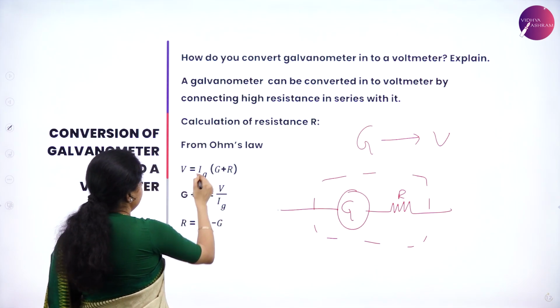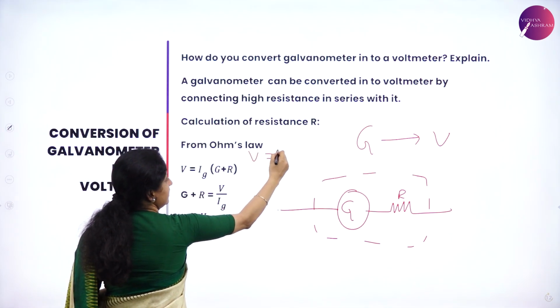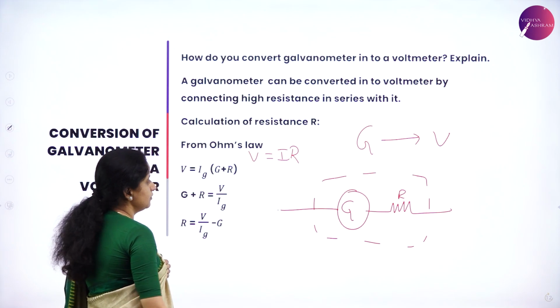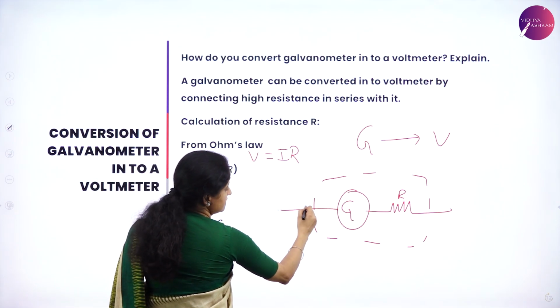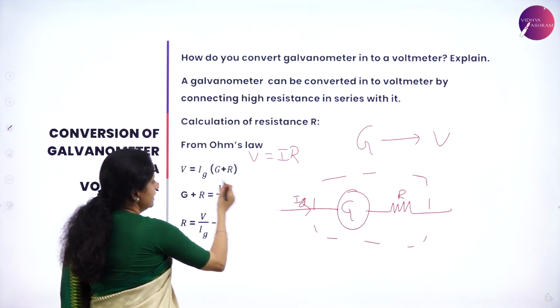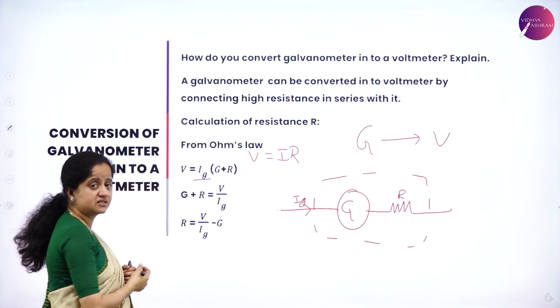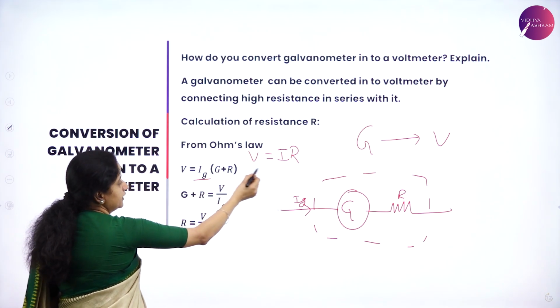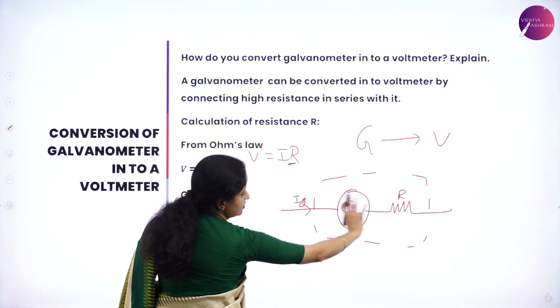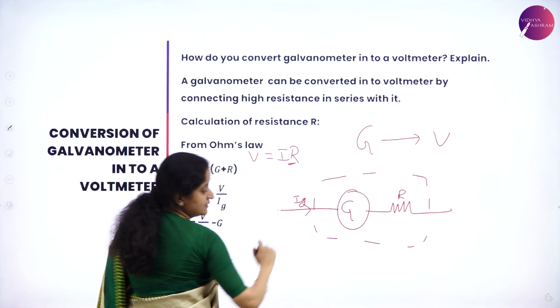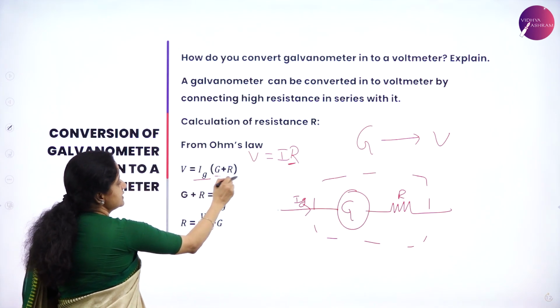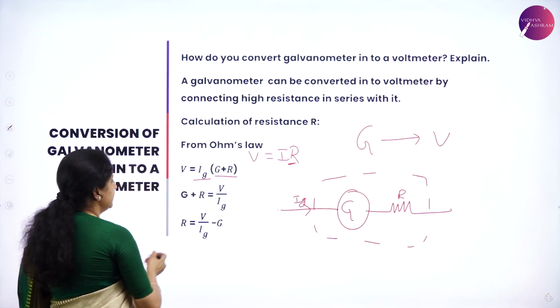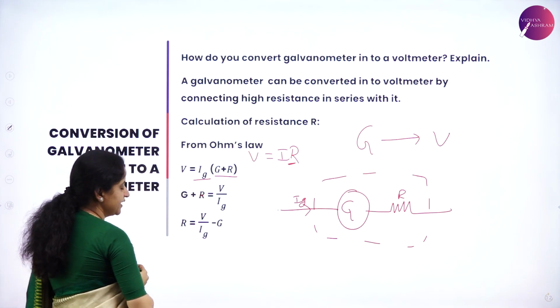Now let us find the calculation of R, how to find the value of this high resistance. We know from Ohm's law the expression V is equal to I into R. So what is the current here? It is flowing across the galvanometer, so it is Ig. So V is equal to Ig into R, where R is the total resistance in the circuit. So I have a high resistance plus the resistance of the galvanometer, so it is G plus R. Or we can write G plus R is equal to V divided by Ig.